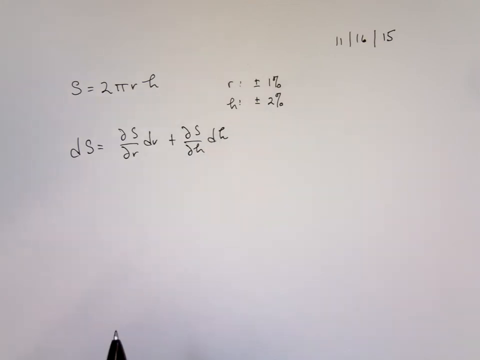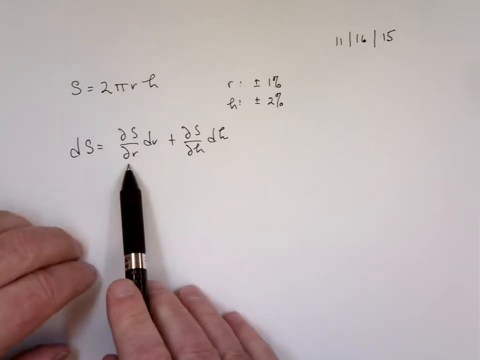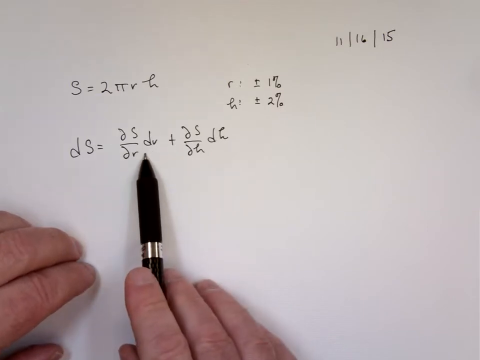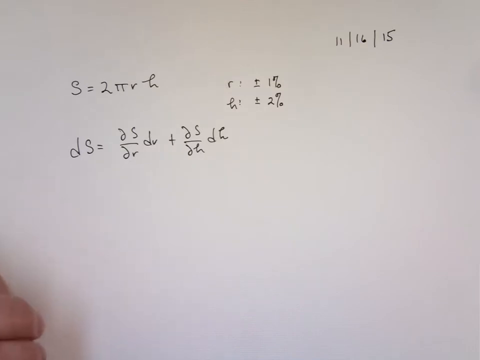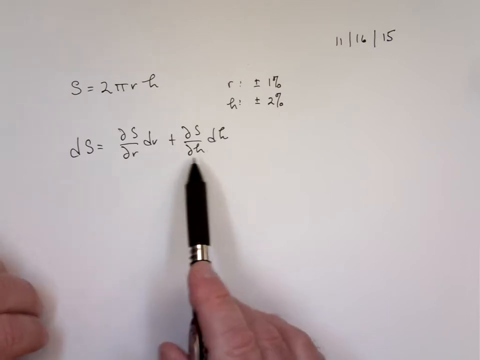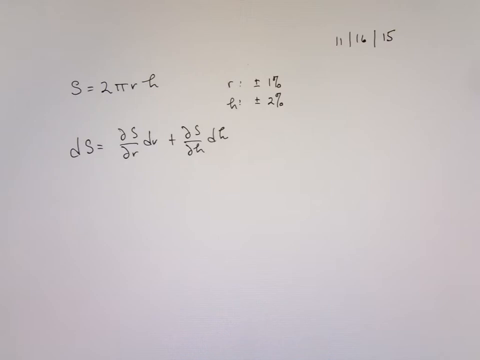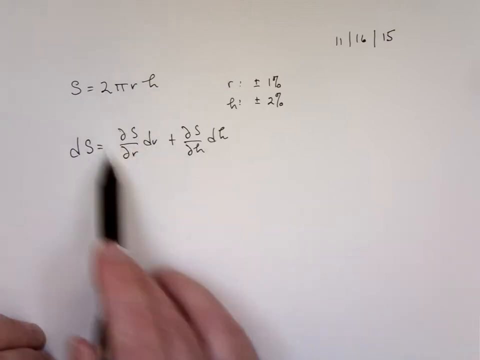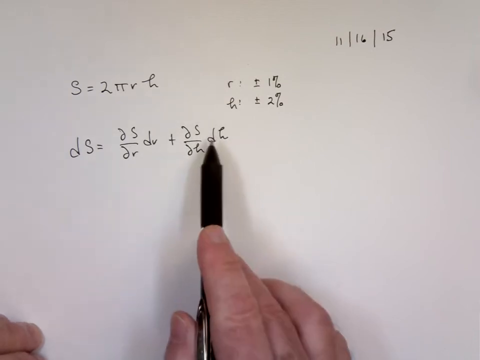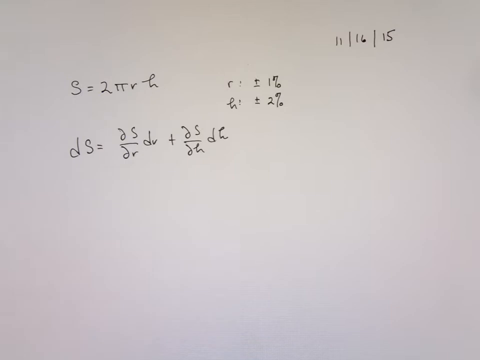That makes sense, because this is how fast it's changing with respect to r times the change in r, and this is how fast it's changing with respect to h times the change in h. So the change in S comes from two sources, r and h. You get the change from r, you get the change from h, and you add them up.